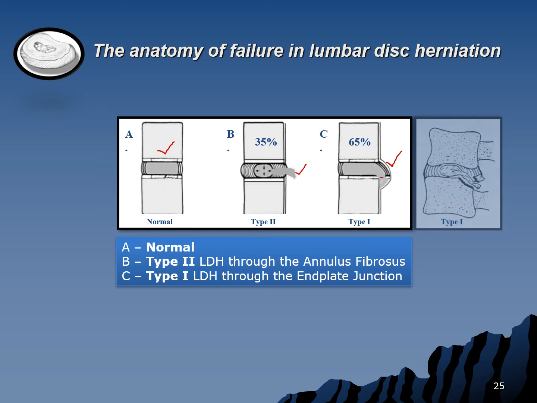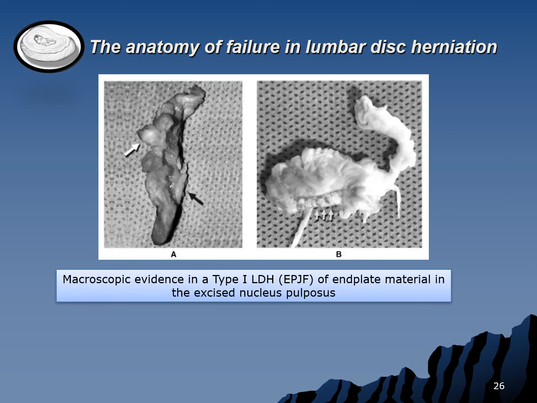And here's a really good example of that as well. Again, the annulus is intact, but the nuclear material busts right through the corner of the vertebral body. And here's the histopathologic evaluation of the removed material.